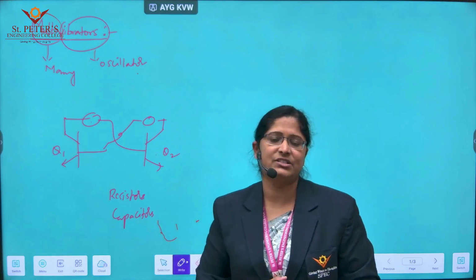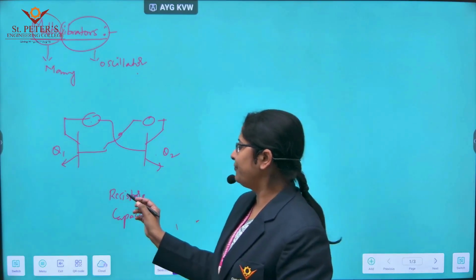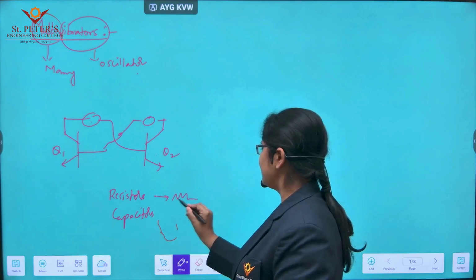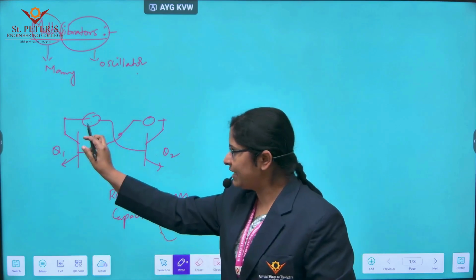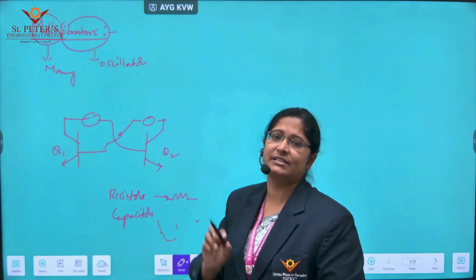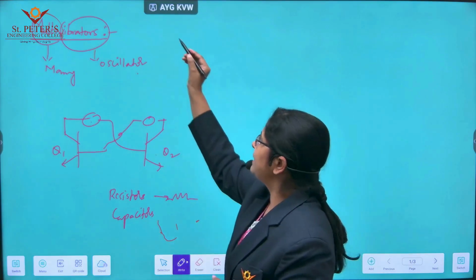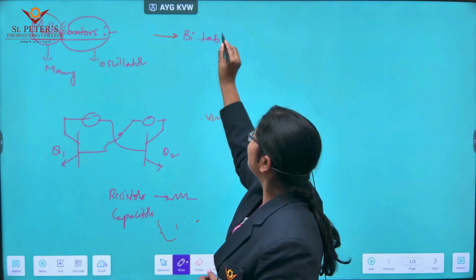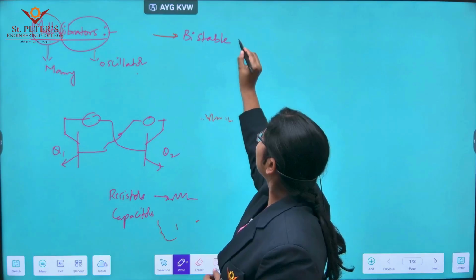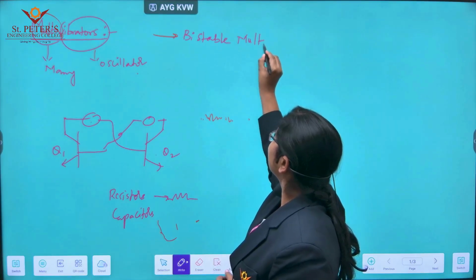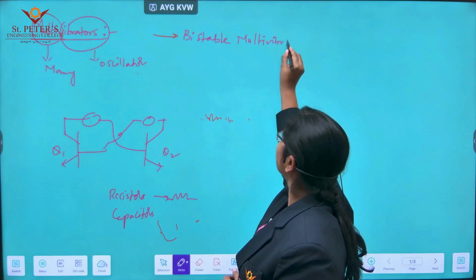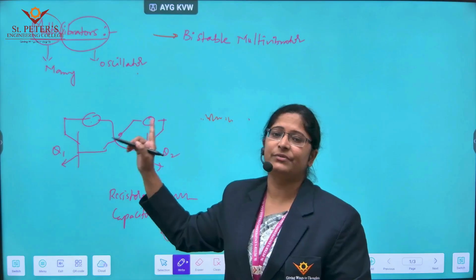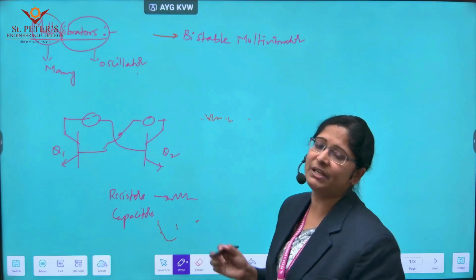If both the coupling elements are resistors, then the multivibrator is a bistable multivibrator. So in a bistable multivibrator, both the coupling elements we are using are resistors. DC coupling we will use.